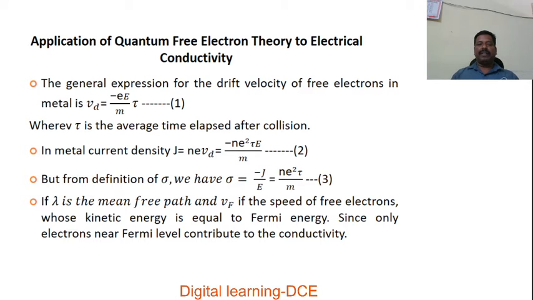Starting with the drift velocity in a conductor carrying current. The general expression for the drift velocity of free electrons in a metal is Vd = -eEτ/m, where e is the charge of the electron, E is the electric field strength in which the electron is moving, m is the mass of the electron, and τ is the collision time or relaxation time.